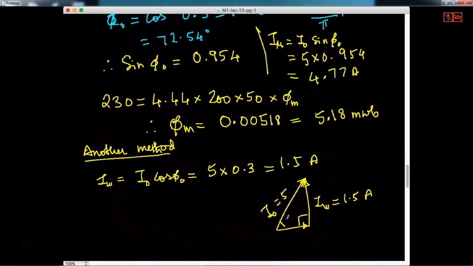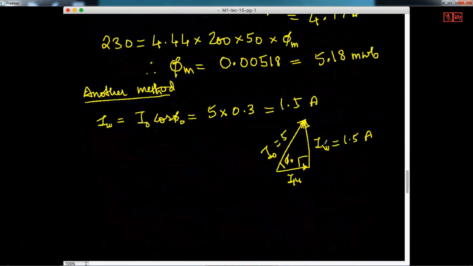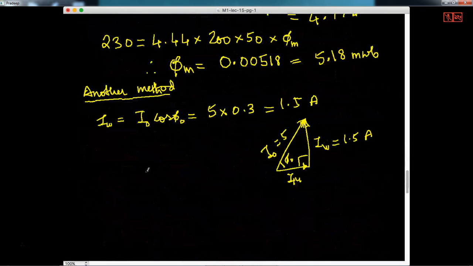How to find I mu? Simply by the Pythagoras theorem. I mu is nothing but the square root of I naught square minus 1.5 square.